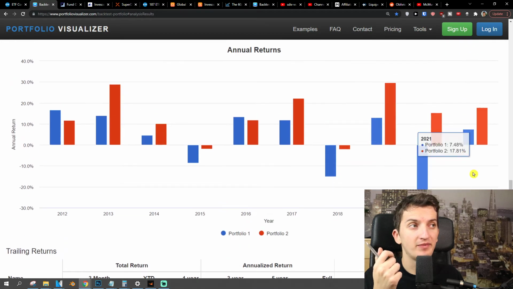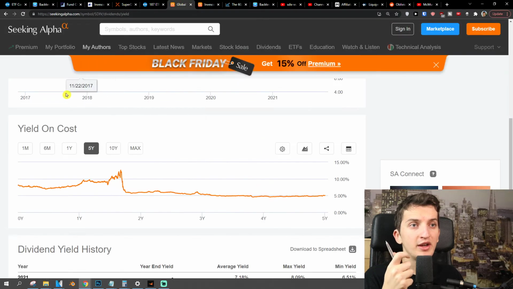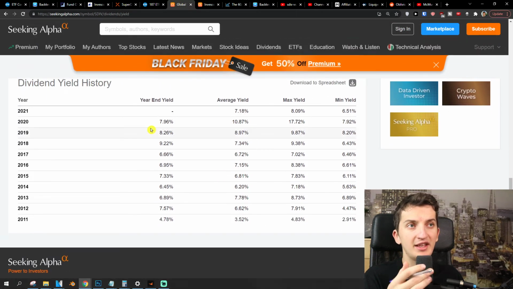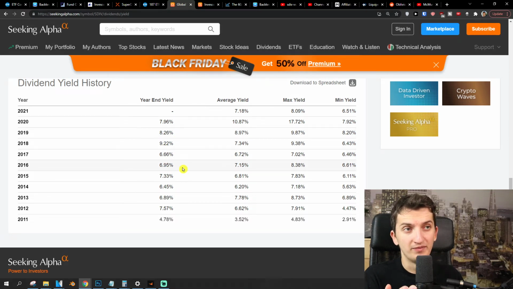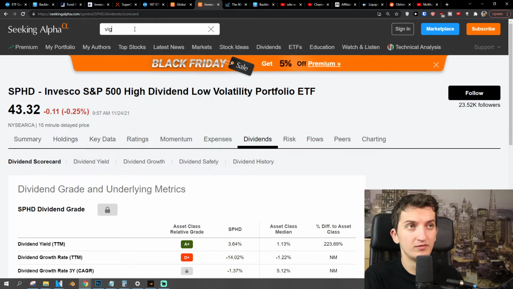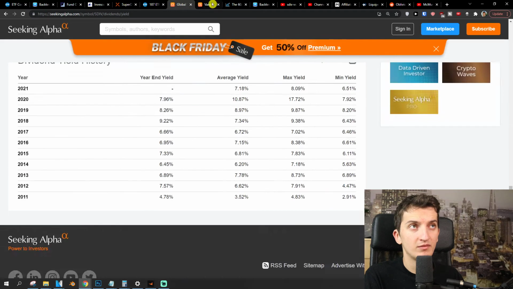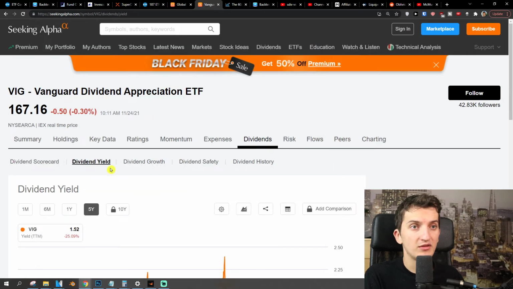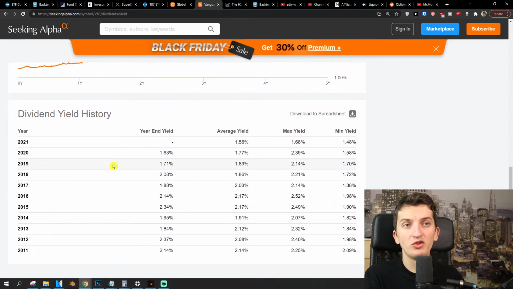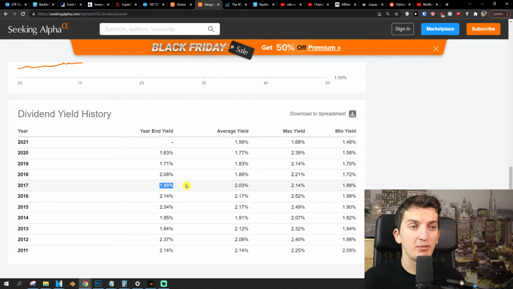And now, when we go further and when we look on dividends here, we can see that yes, 8%, 8.26, 9.22, 6.66. And dividend yield that is not really high with VIG here. 1.63, 1.71, 2.08, 1.88.